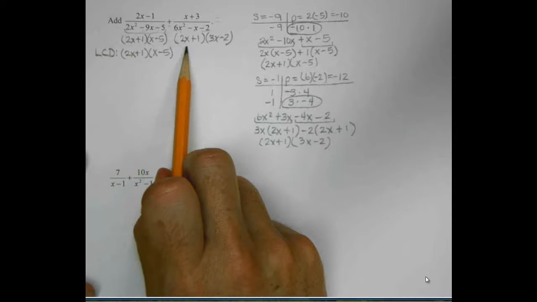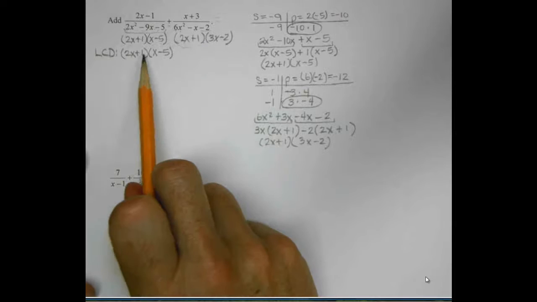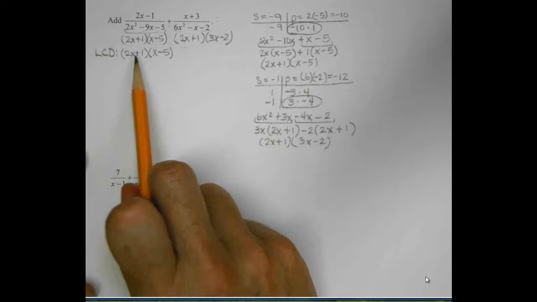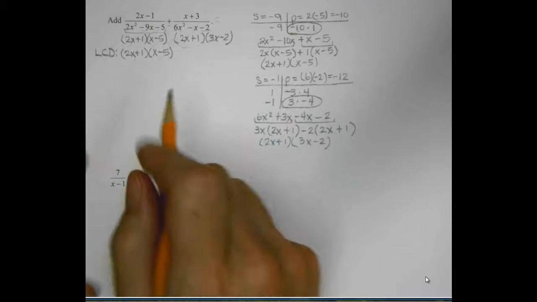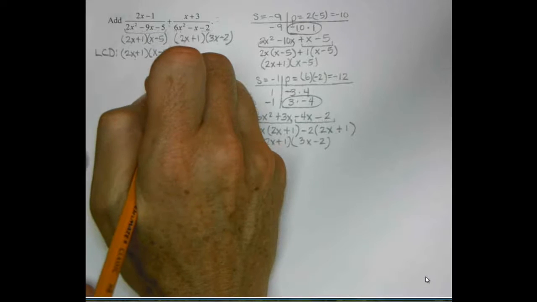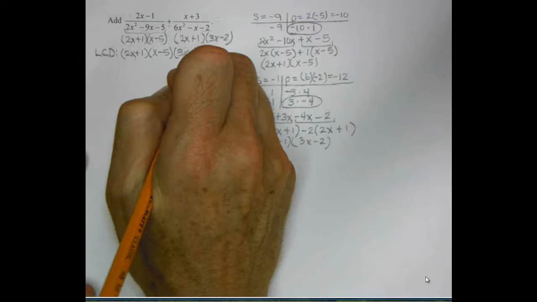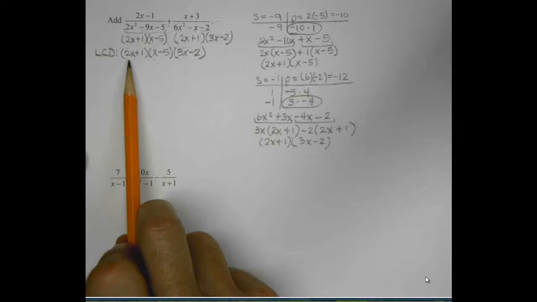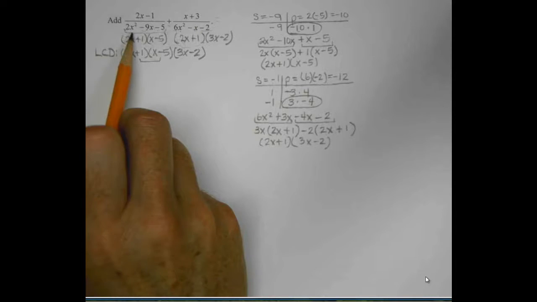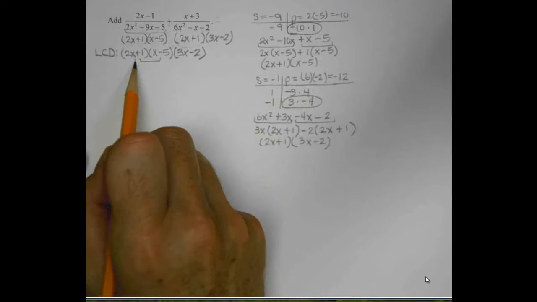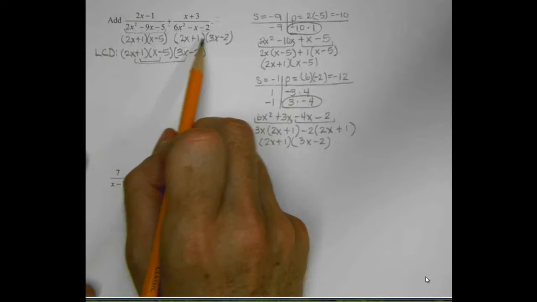I need a factor of 2x plus 1, and I've already got one, so I can share that one. And I need a factor of 3x minus 2, and I don't have that one, so I do have to put it on, 3x minus 2. So now my common denominator represents, with the first two, my first denominator, and with the first and the third, it represents my second denominator.